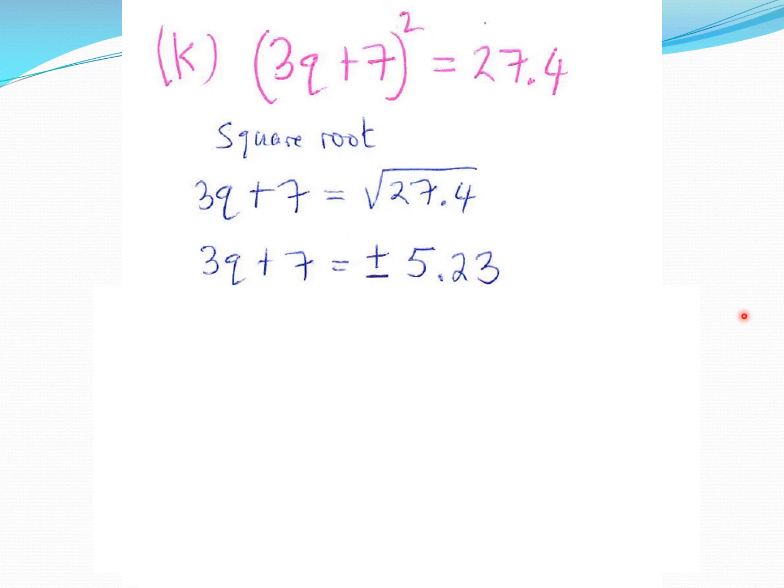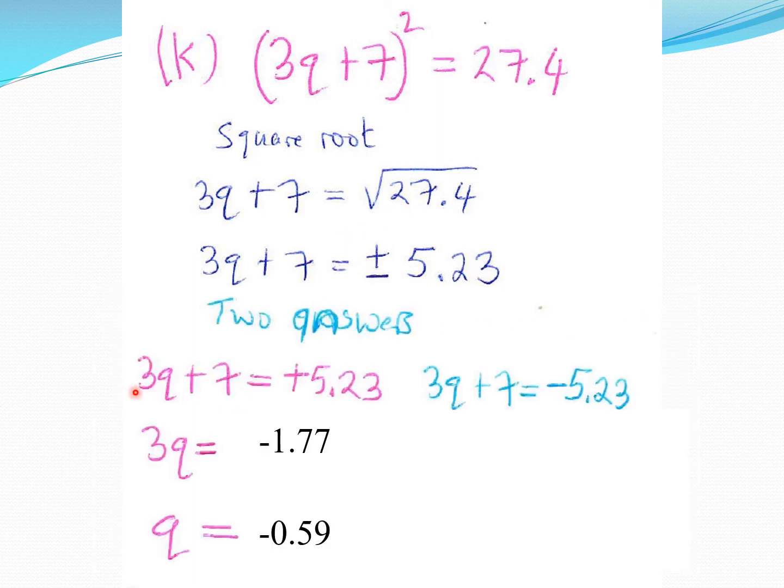That represents two answers, so we can write out these two answers separately. 3q plus 7 equals 5.23, or 3q plus 7 equals minus 5.23. These two equations now need to be solved to get two different answers for q.